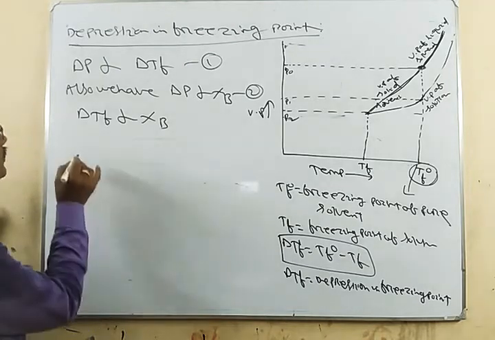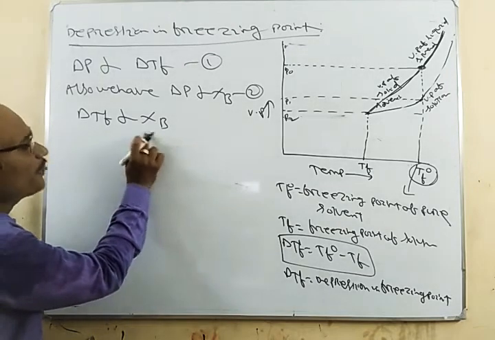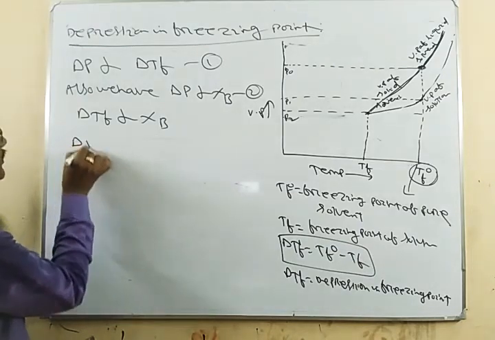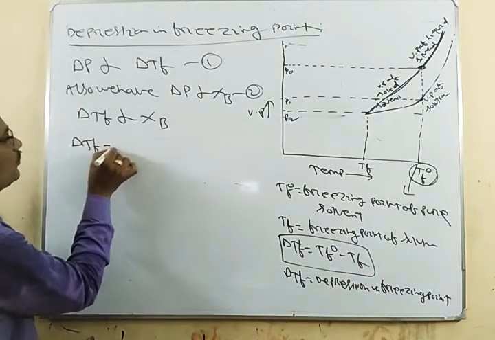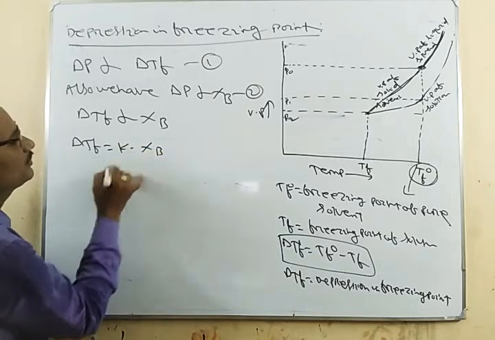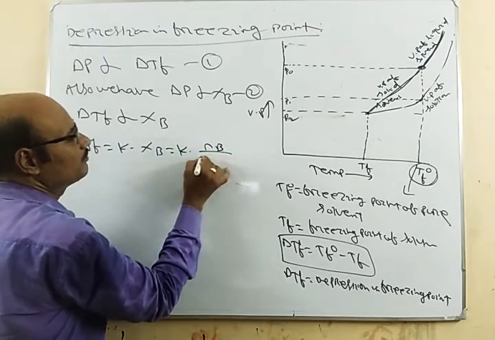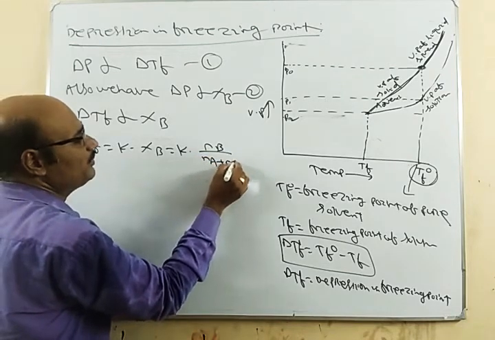Okay. So XB is what, the mole fraction of the solute. So delta Tf is equal to K into XB, is equal to K into nB by nA plus nB.